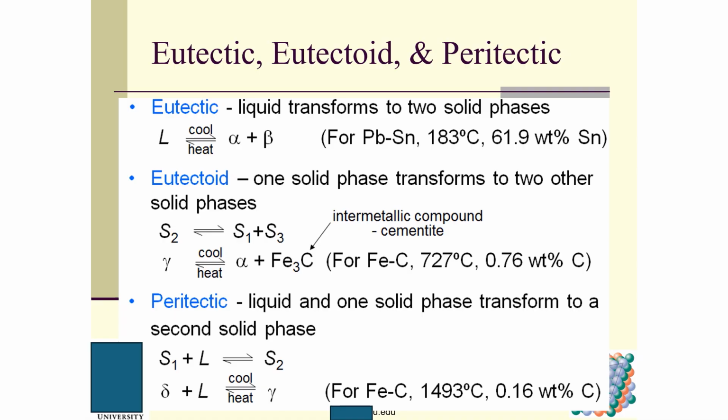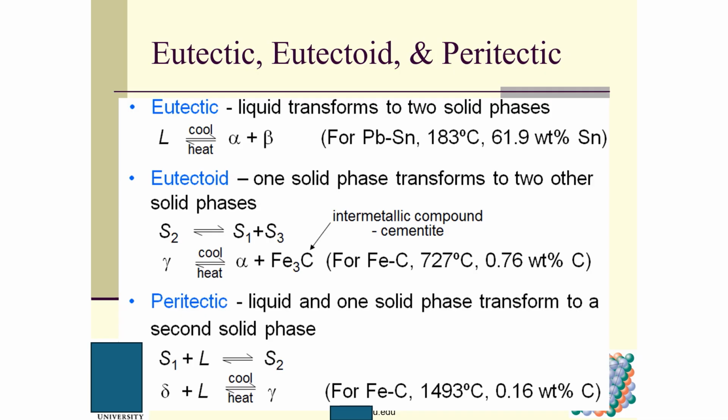If we cool it, we have alpha iron plus this compound. For this iron and carbon phase diagram, at this temperature and with this combination of carbon, we will have this eutectoid reaction, gamma iron to alpha iron plus this intermetallic compound. Also, this is cooling and this is heating.